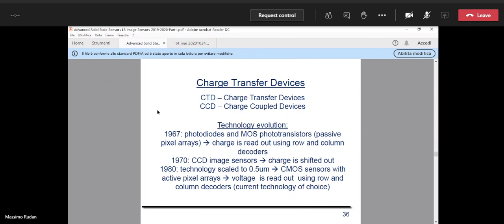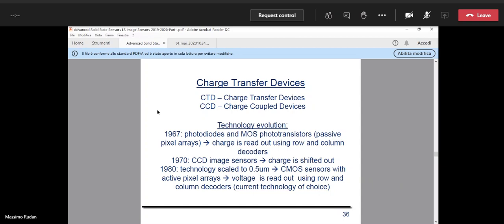Historically, photodiodes and MOS phototransistors were introduced in 1967. And one may ask, why did they decide to evolve from photodiodes and phototransistors into CCDs?